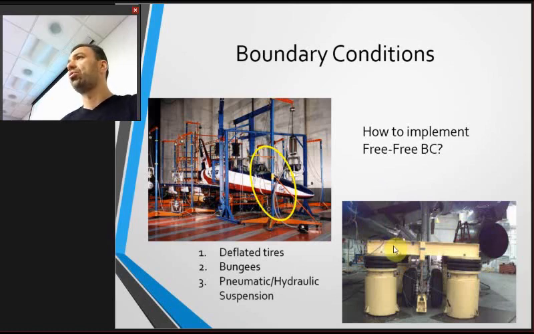It also needs its own control system to control the air pressure and not interfere with the excitation forces. So basically, this is usually only available to the big companies like Boeing, Airbus. It's not available to anyone. Okay, but bungees are very common and pretty much used everywhere.